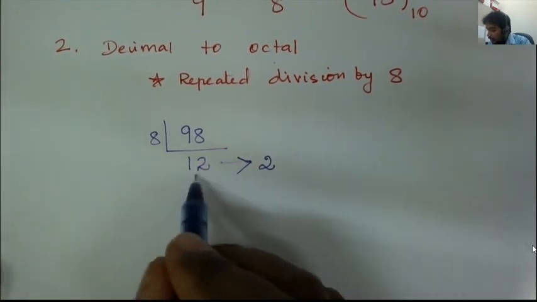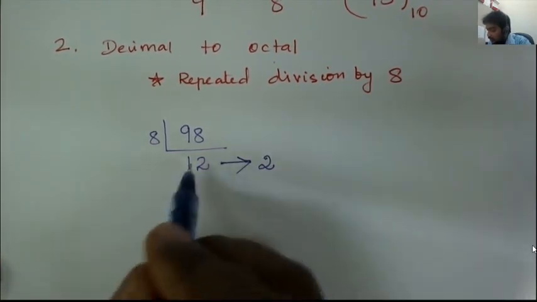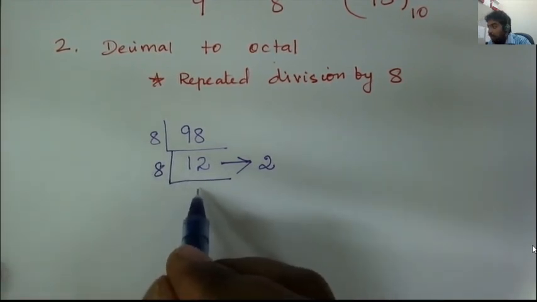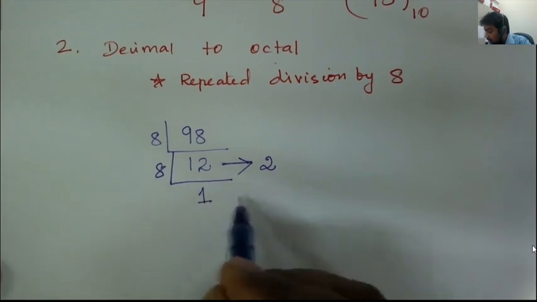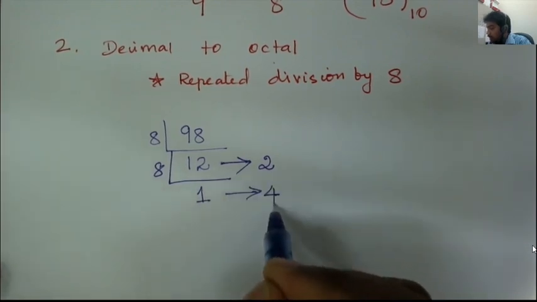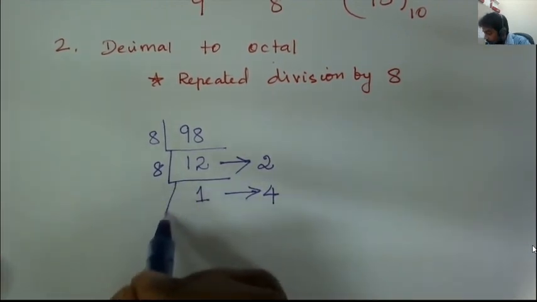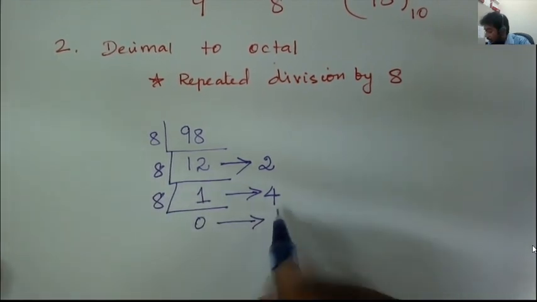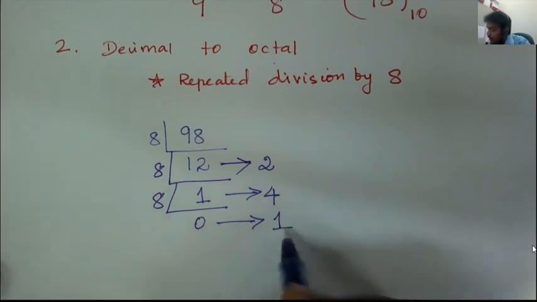You know how this is done, how this is calculated. And again you divide it, you will get 1 as the quotient, and the remainder will be 4. And again you divide it, so 0 will be the quotient and the remainder will be 1.